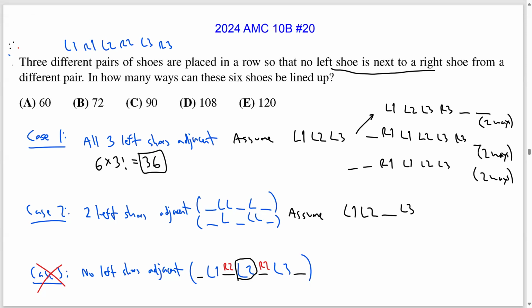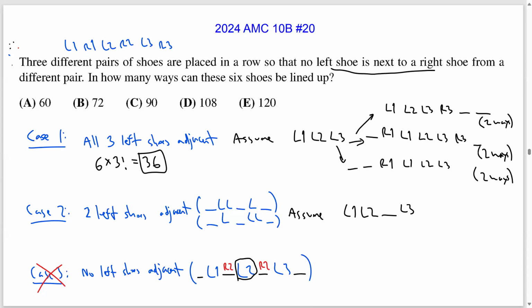Similar to case 1, we're going to find the number of ways where the shoes are configured in this order, but this time we're going to multiply by 12. The reasoning is that there are 3 ways to choose the pair of shoes that are next to each other, 2 ways to choose the ordering of the 2 adjacent left shoes, and 2 ways to choose whether the pair of left shoes goes first or not. So we need to multiply our answer by 12.